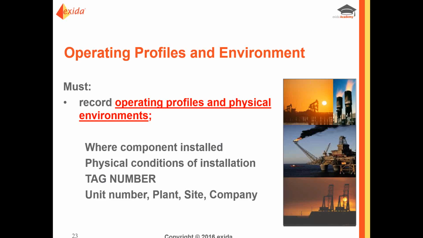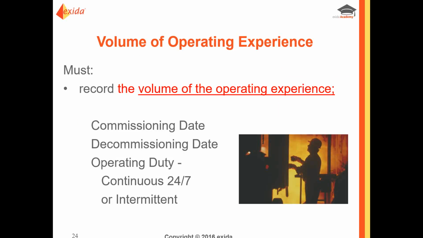One way to identify that is to identify where the component is installed and record the physical conditions of the installation, which do not change once an installation is in operation, and a tag number and a hierarchy that starts with company and a site and plant and unit number. If we identify a location and the physical characteristics of the application are identified for that location, then you don't have to write every item separately. You can just identify it once.